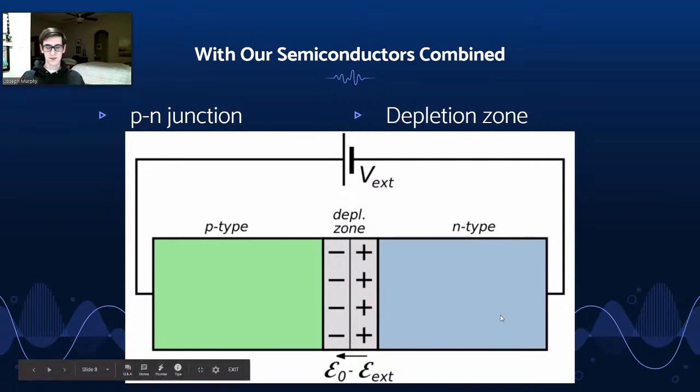Now the n-type semiconductor, we've introduced more free electrons to it than it would otherwise have. And some of those free electrons, spoiler alert, we're going to end up relying on photons from the sun to free up. But some of them will be freed up just by ambient thermal energy.